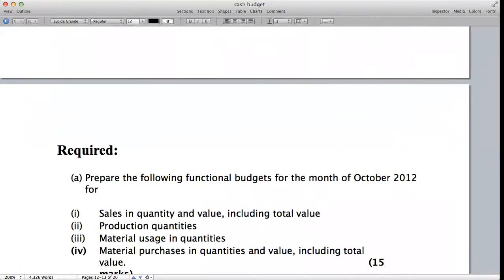We said the functional budgets are the budgets prepared by the various departmental heads, right? Various departments. So sales, production, marketing, HR, procurement, stores, finance, accounts, research and development, yes, all of them bring their budget, and that's the functional budget.